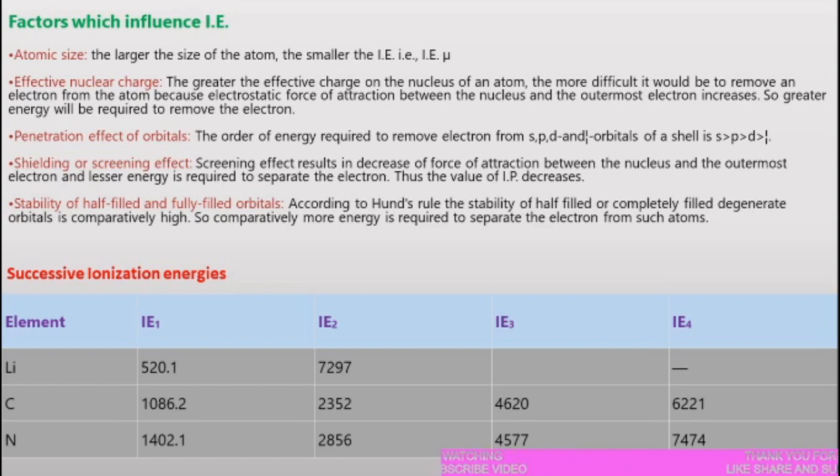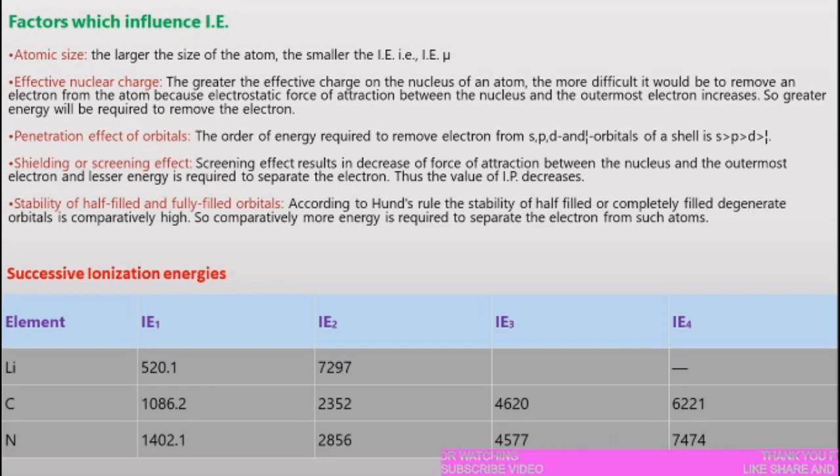The order of energy required to remove an electron from s, p, d and f orbitals of a shell is s highest, then p with lesser energy, then d, and after that f. That means the energy required to remove the last electron from an s orbital is more than from p, p more than d, and then f.